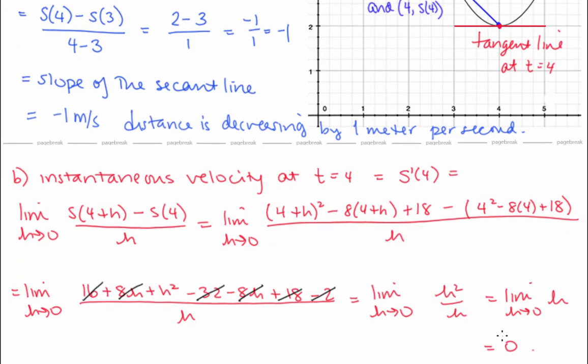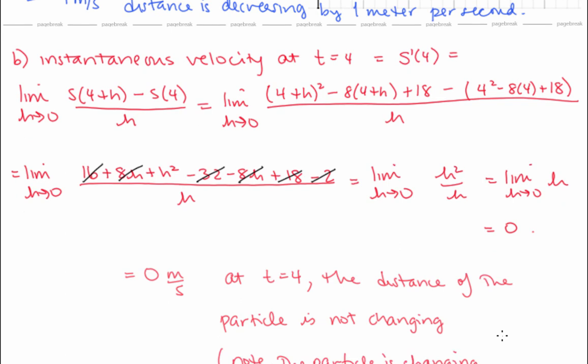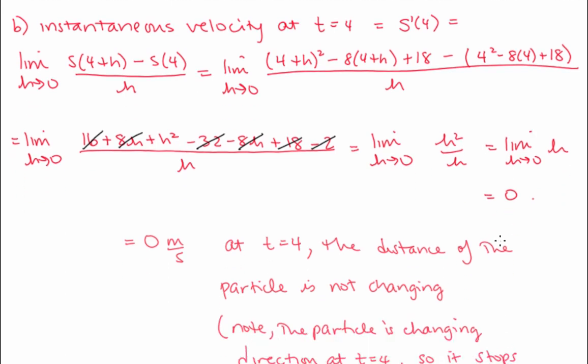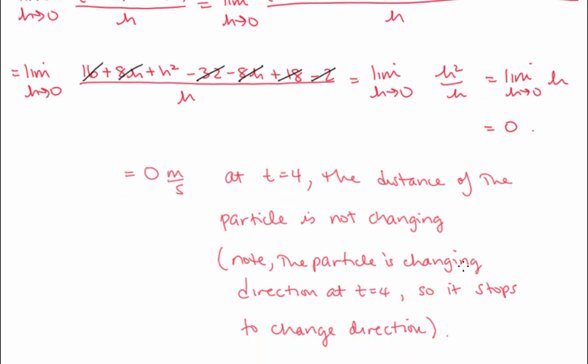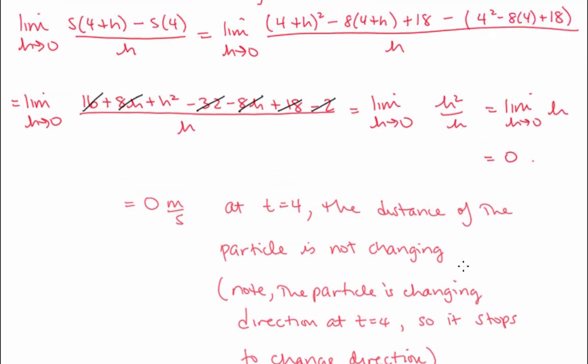And let's also talk about the units here. We said that the velocity here is equal to 0 at t equals 4. So that's 0 meters per second. And what we're saying is that at t equals 4, at time equals 4 seconds, the distance of the particle is not changing. So note from the graph that the particle is changing direction at t equals 4, and so it stops to change direction.